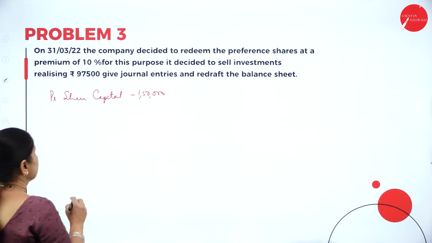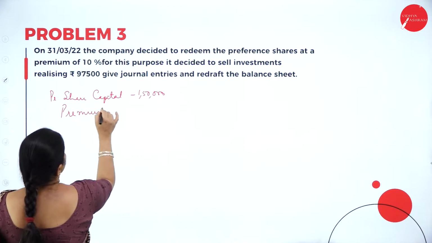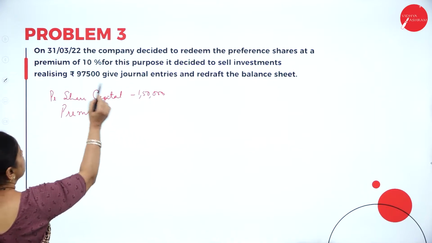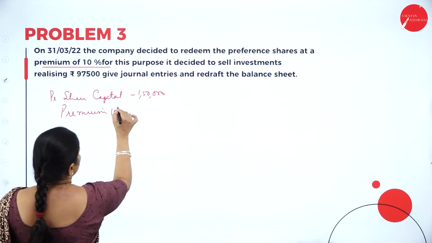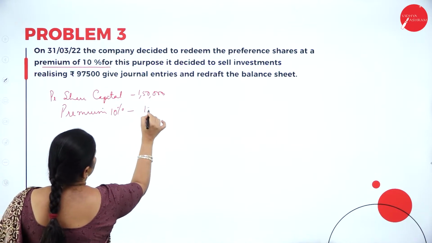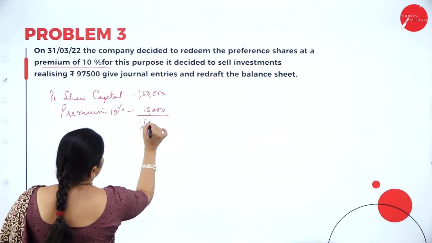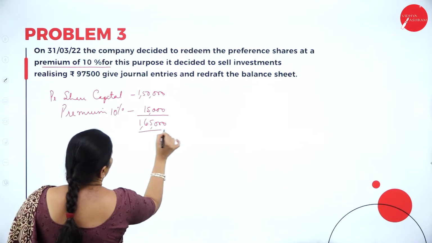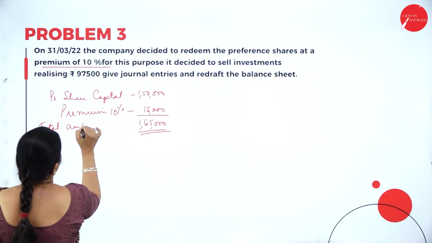Then the next thing is whether it is redeemed at a premium. Yes, the company decided to redeem the preference shares at a premium of 10%. So premium is 10% of 1,50,000, that is 15,000. So total amount needed is 1,65,000.